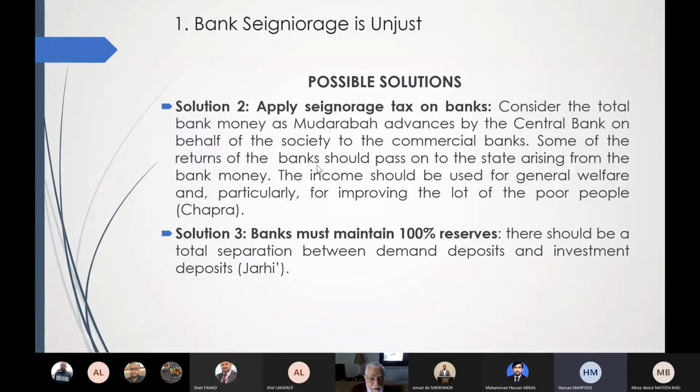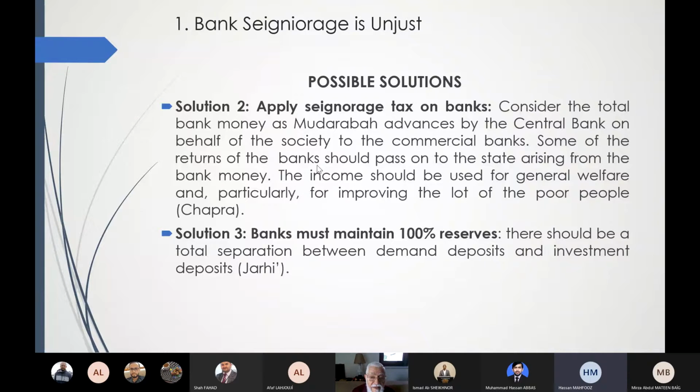And all those writers, and they are all economists, all those writers who talked about 100% reserve have borrowed this idea from Western writers. So it is not really something that is special to Islam. There are Western writers who argue for that.